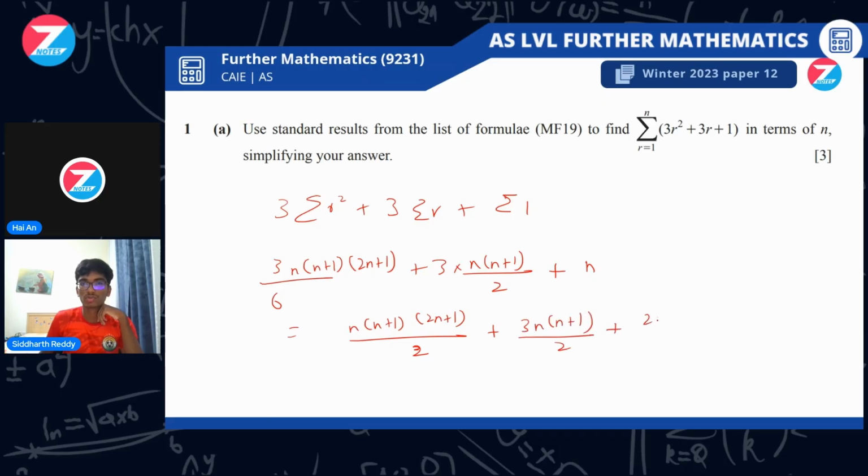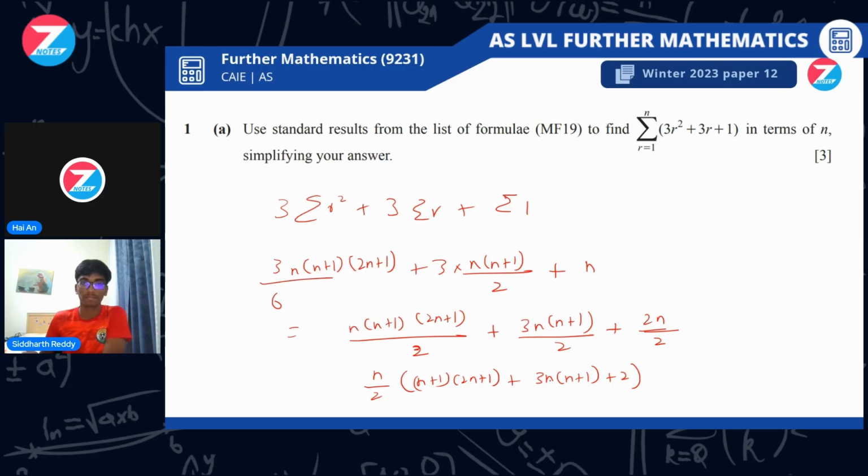We can write this as 2n by 2. And factoring out the n by 2, we get n by 2 into n plus 1 into 2n plus 1 plus 3n into n plus 1 plus 2.